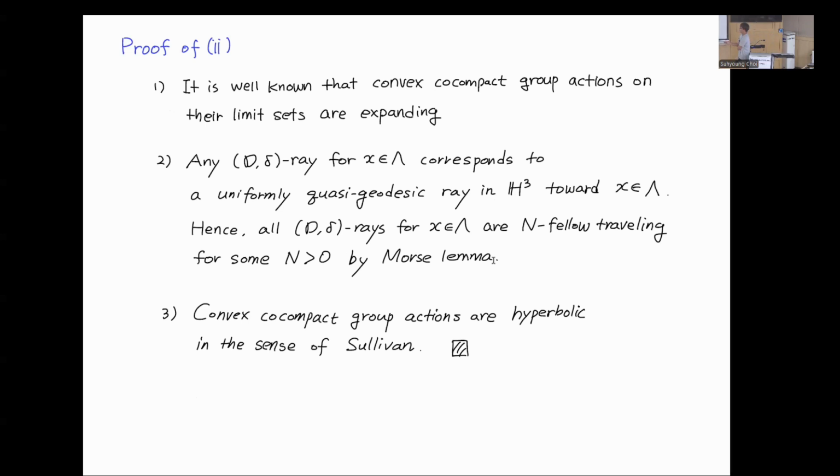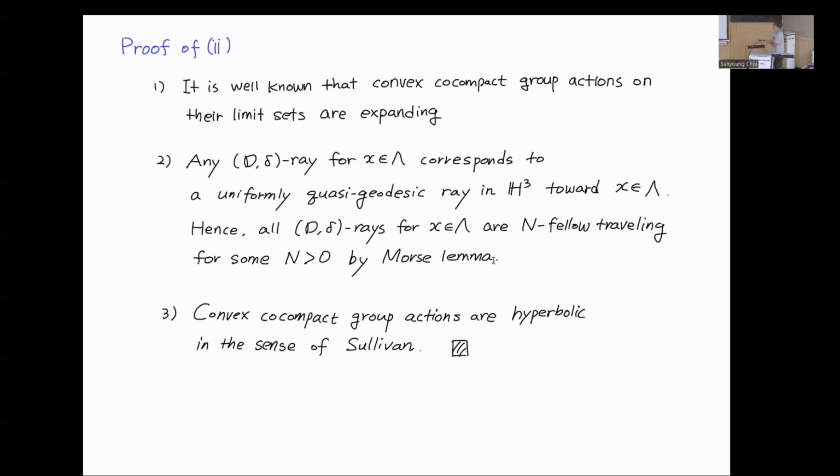And also the delta ray for the X corresponds to a uniformly quasi-geodesic ray in H3, hyperbolic 3-space, toward the X. Then by using the geometry of negative curvature, all the uniformly quasi-geodesic rays with the same endpoint are uniformly bounded away from each other by the Morse lemma. So that gives the M-parallel traveling property.